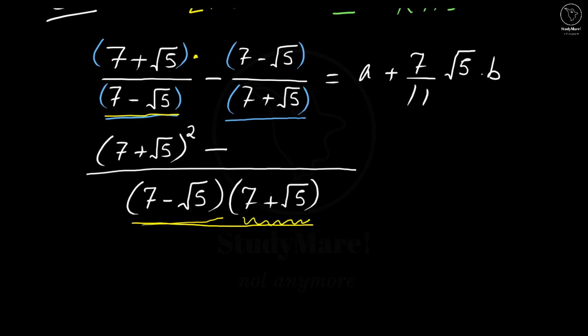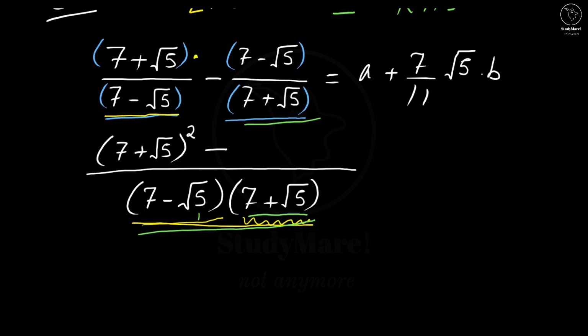Now here again we have to divide this with 7 plus root 5. This is the normal procedure. If you do any subtraction or addition, you will follow the same procedure. So don't get scared. It is just trying to confuse you, but it is not. So here 7 plus root 5 cancelled out.